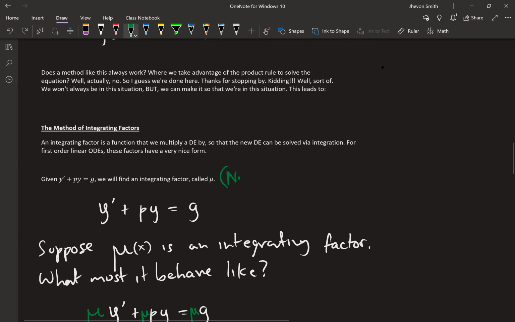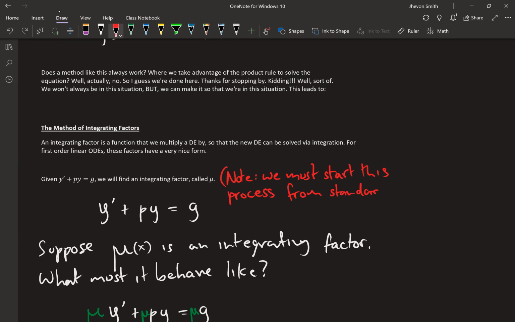Note, maybe I should put this in red. Note, we must start off from standard form, because your P of t is going to be the coefficient of y when you're in standard form.